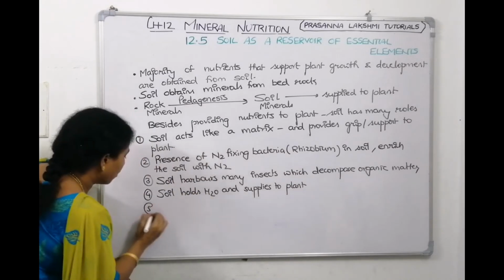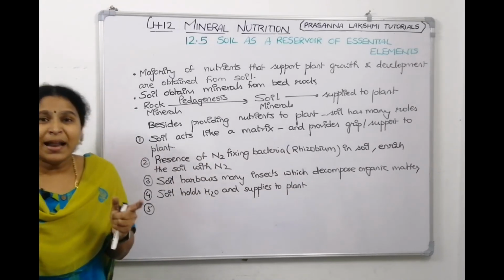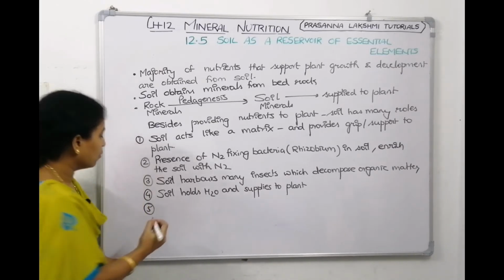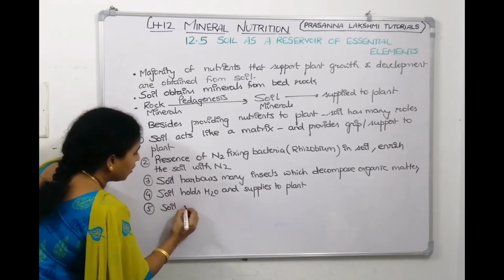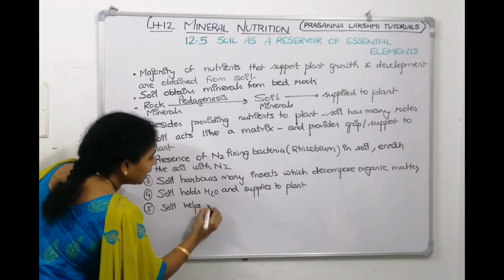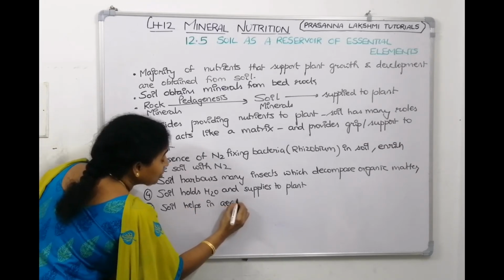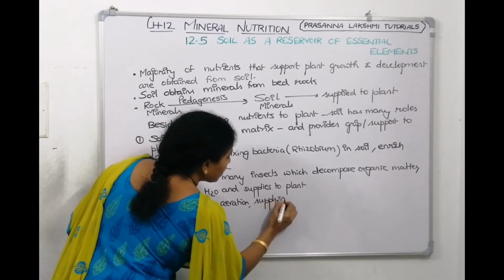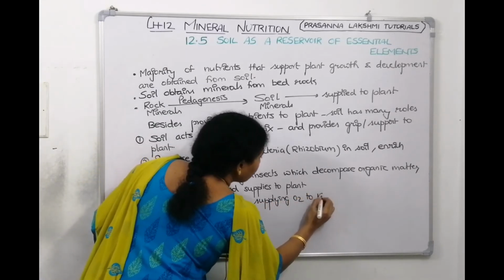Not only holding the water, children, soil will help in aeration also. Soil will provide aeration for the roots also. Soil helps in aeration. What is aeration? Supplying oxygen to roots.